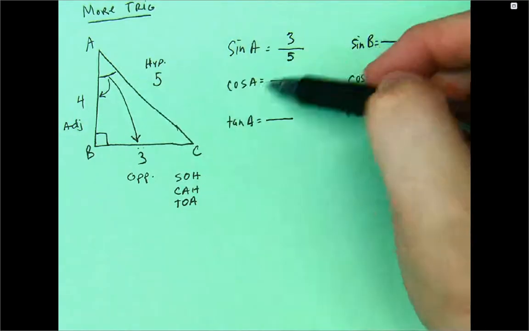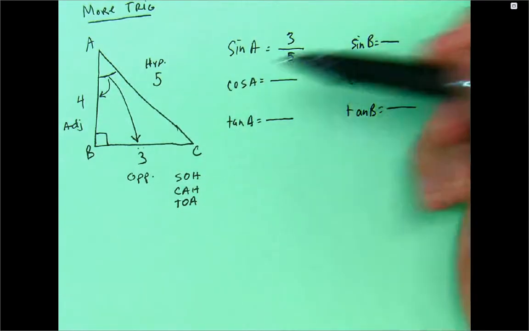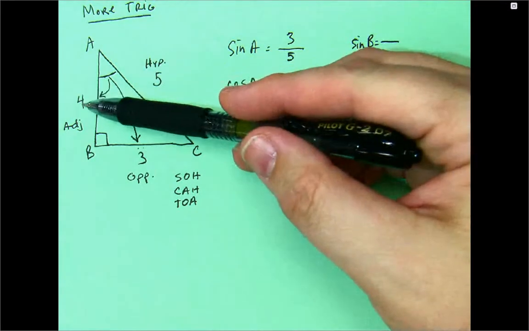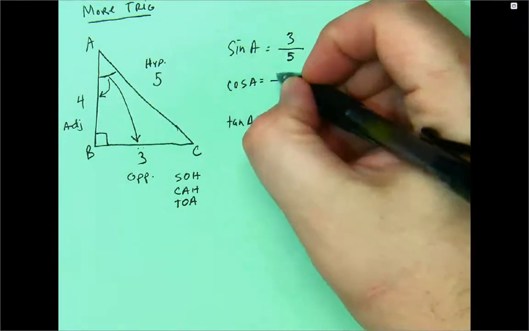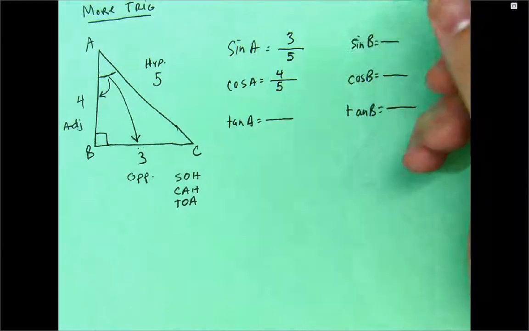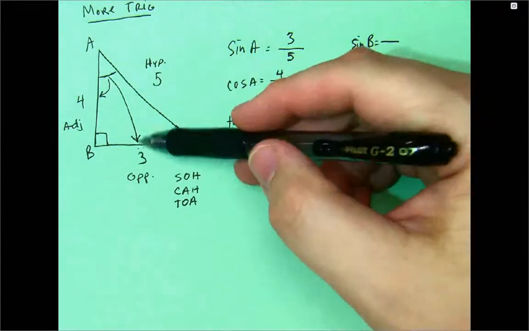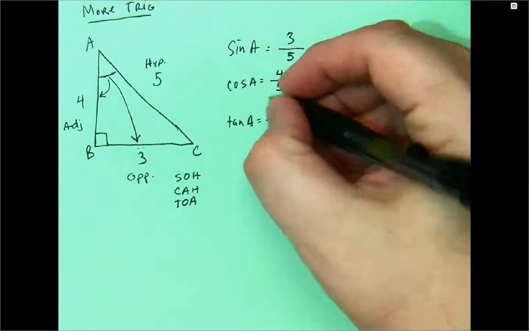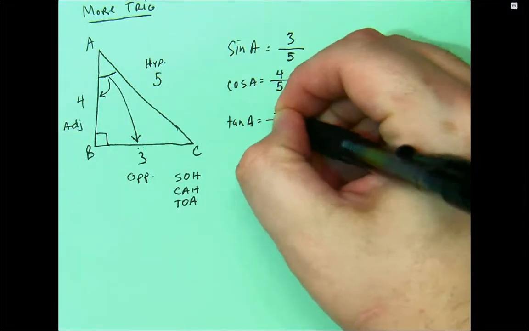Now, for the cosine, the nice thing is once you figure out the sine, the cosine's going to just be the other side that you didn't use. So it'll be 4, and it's over the hypotenuse, which is 5. And the tangent is the opposite side over the adjacent side. So the opposite side was 3, and the adjacent side is 4.